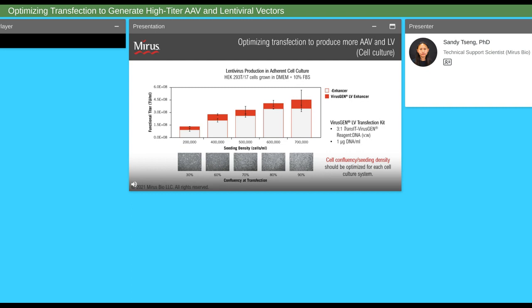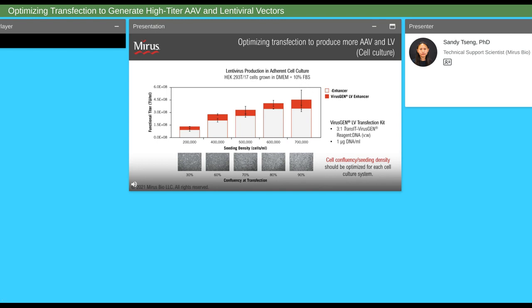Shown here is data for an optimization experiment that we performed for adherent cells. They were 293Ts grown in serum-containing DMEM. What's shown on the x-axis is the seeding density the day before, and the images below show the percent confluency at time of transfection. Again, the titers are shown for the minus and plus enhancer component, and in each case, the enhancer boosts titers.